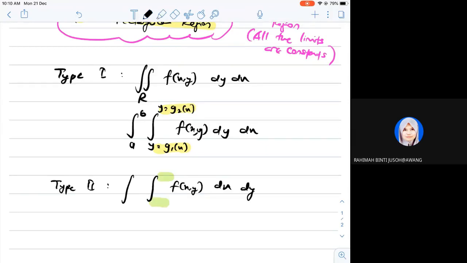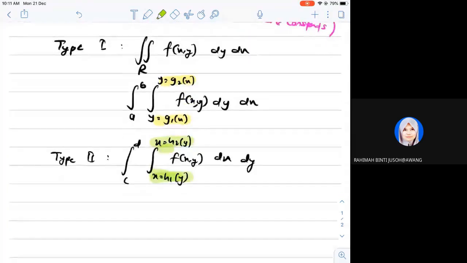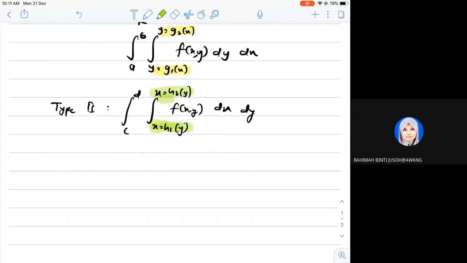So we will have x equals to h1(y), and then x equals to h2(y). And the limit of y, of course, constants, c and d. So the inner limit should be a function and the outer limit should be constant. Okay? So now let's take a look at exercise 4.3.